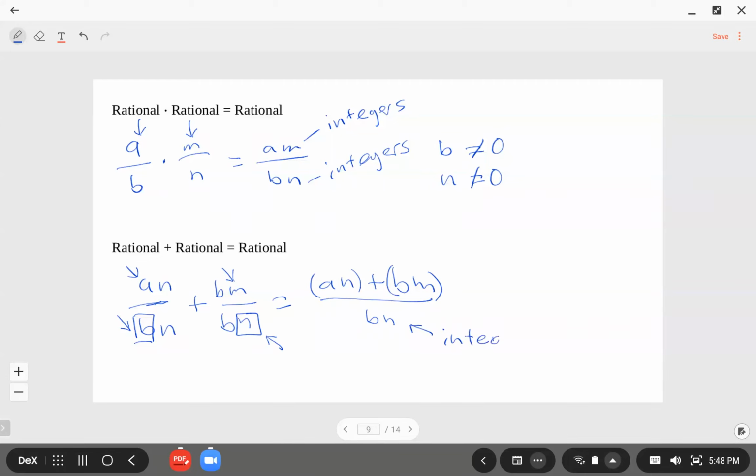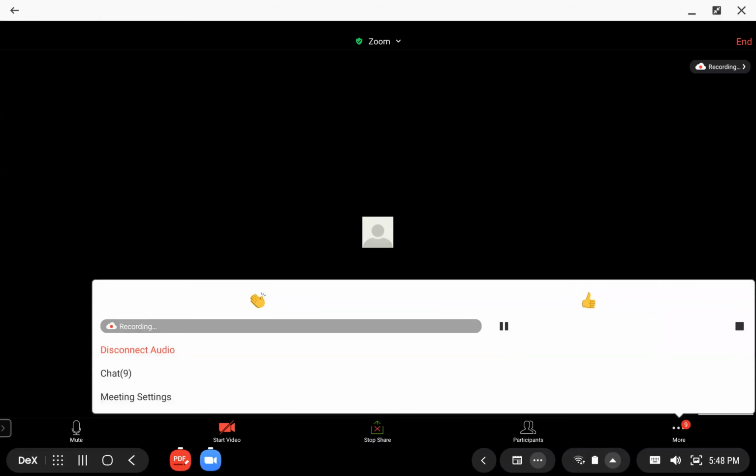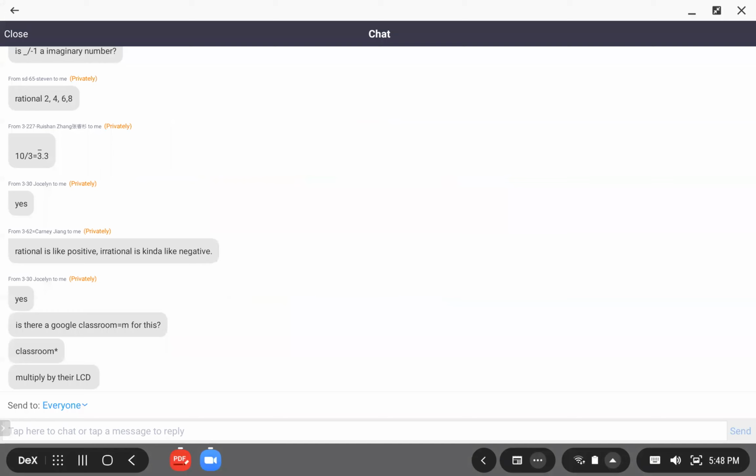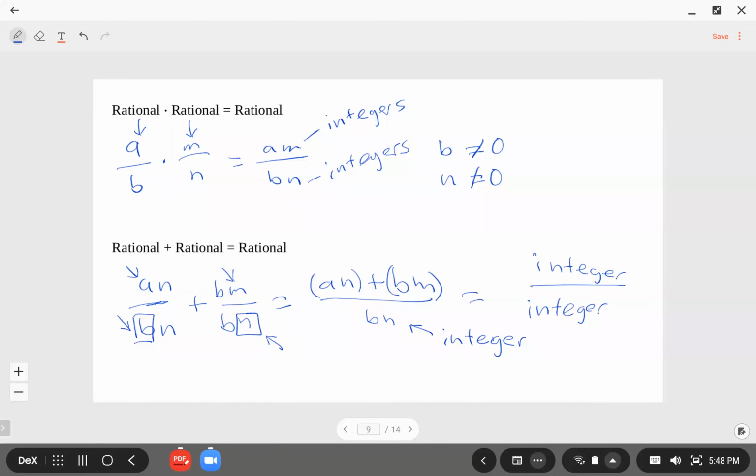So basically, it'll just be an integer over an integer, and that will be rational. Does everybody understand? So that is how we prove that.